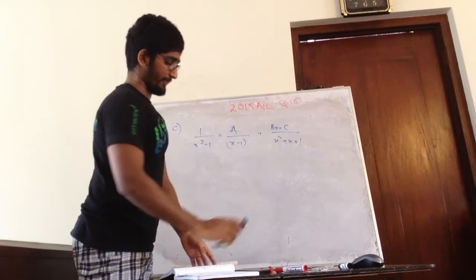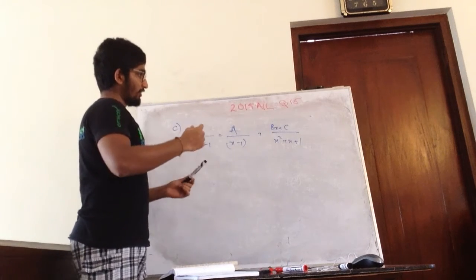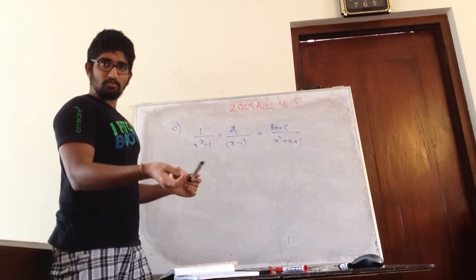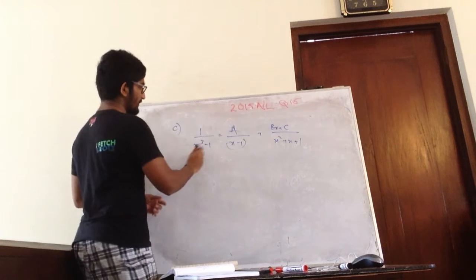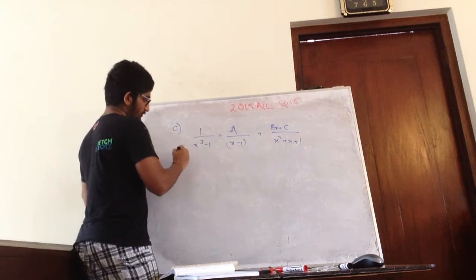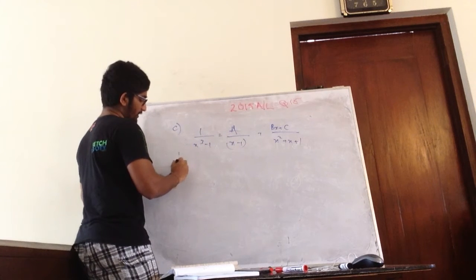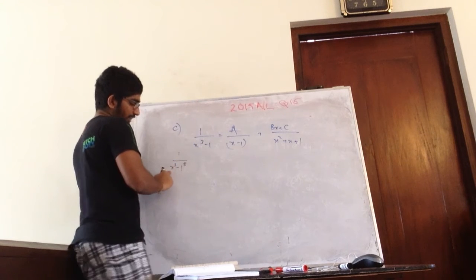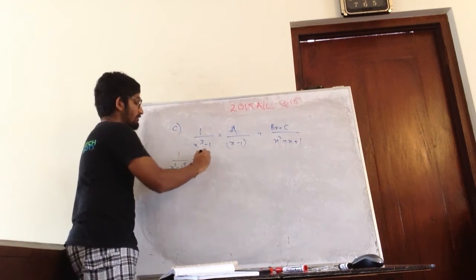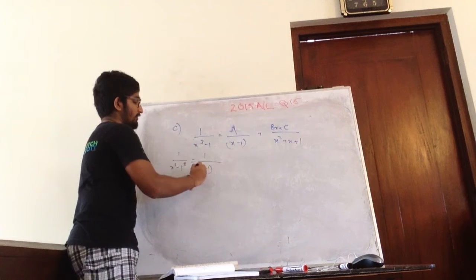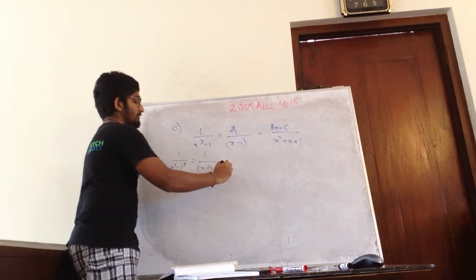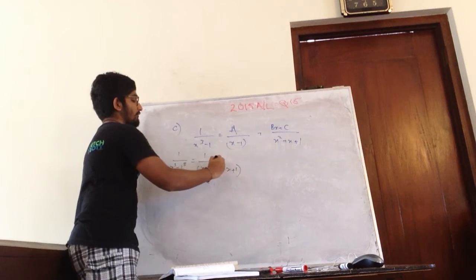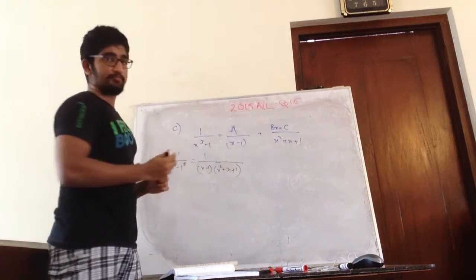First of all you need to identify that this 1 over x cube minus 1 can be written as x cube minus 1 cube. So this can be written as x minus 1 times x squared plus x plus 1. Right?